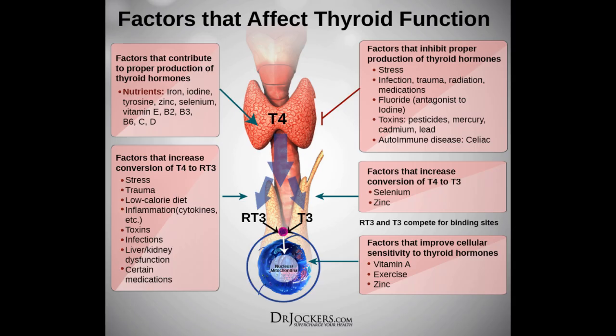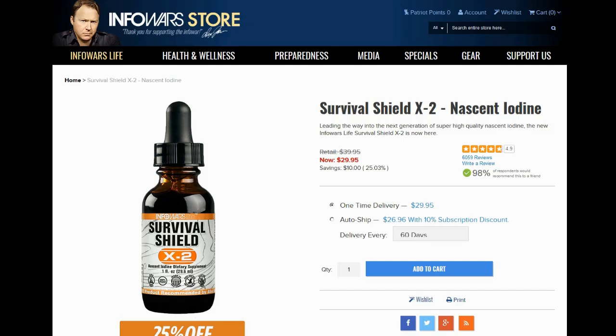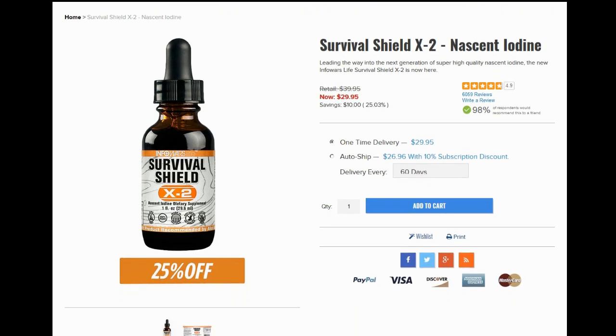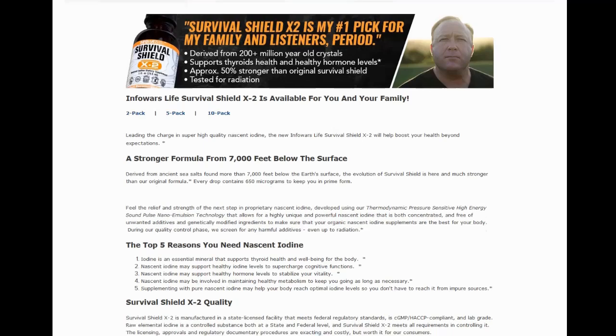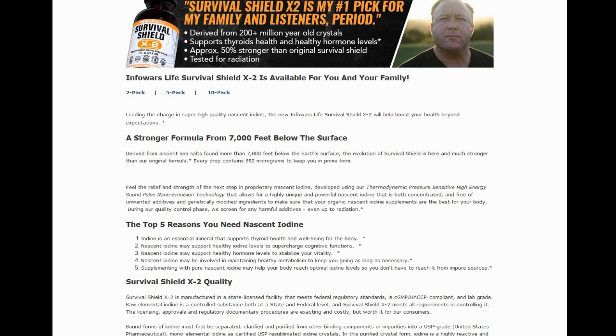Now, once the thyroid T4 gets into a cell, you have to strip one of the iodines off of the thyroid hormone to produce a chemical known as thyroid T3, and that's the biologically active thyroid hormone in the body. The ability to strip that iodine off the thyroid T4 to make it a T3 is selenium dependent.